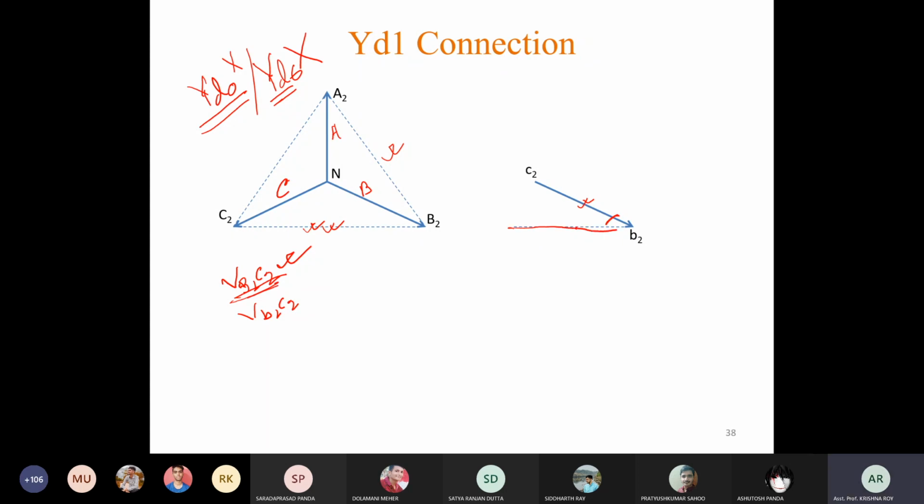So that is minus 30 degree. That means this phasor small b2 c2 lags capital V B2 C2 by an angle of 30 degree. Is it clear up to this? Explain again, sir.